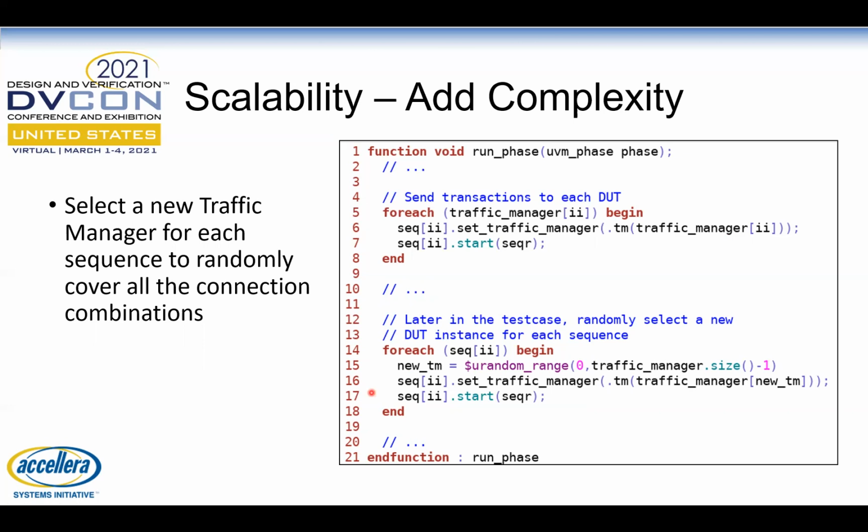This is one example of how to pair sequences to a traffic manager, but the randomization can be done once or multiple times throughout a test. It can be limited to maybe one traffic manager or multiple traffic managers. The point is that there's flexibility with how a test can be set up.